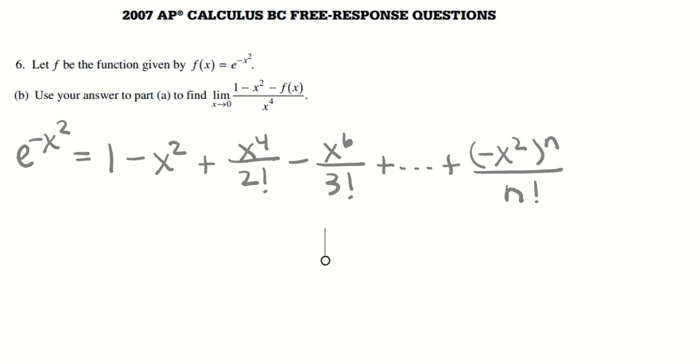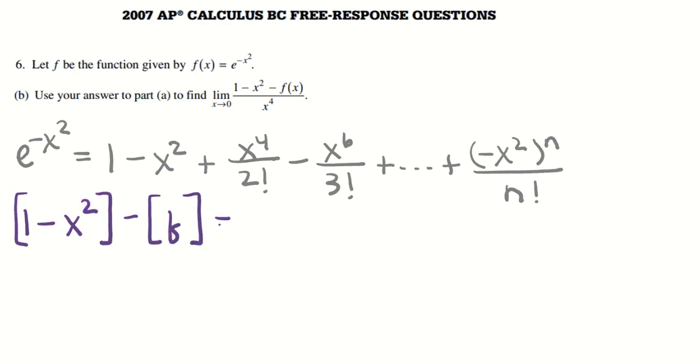What we're going to do instead is think about what's going to happen with 1 minus x squared minus f. Let's say 1 minus x squared. Maybe I'll put that in brackets. Then I'm going to subtract f. Well, that would be 1 minus x squared minus this one and minus that negative x squared.